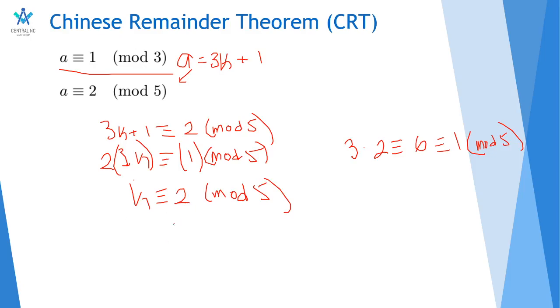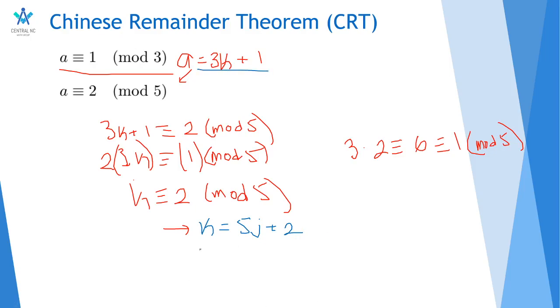We're going to write this as an equation, and this will give us k is equal to 5j plus 2 for some integer j. And we find this equation similarly as we did with this equation over here.